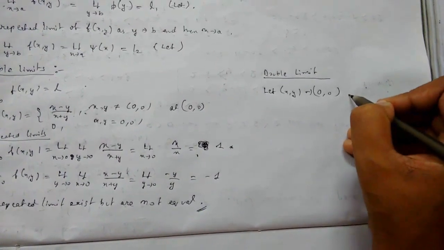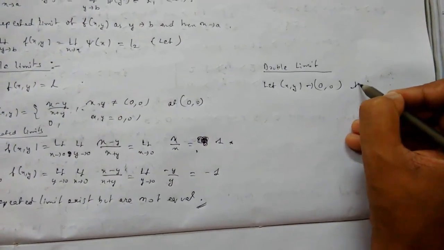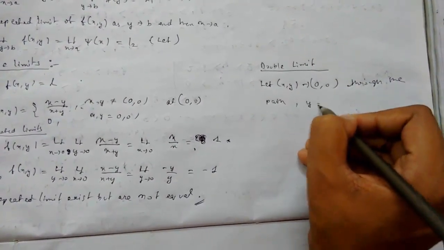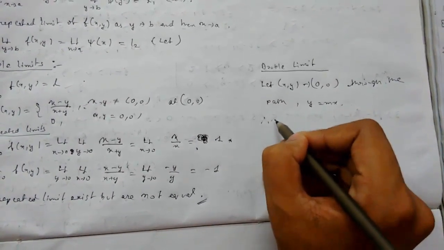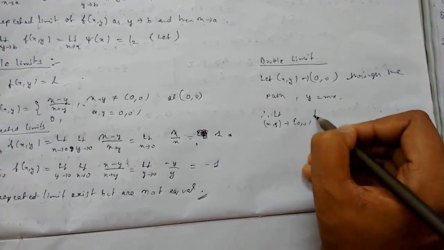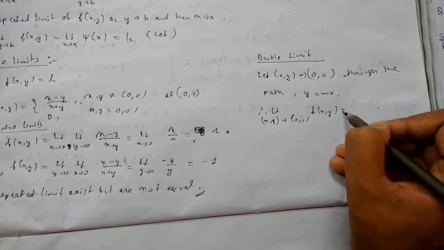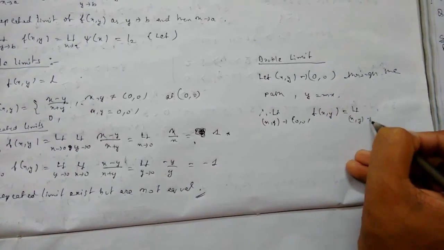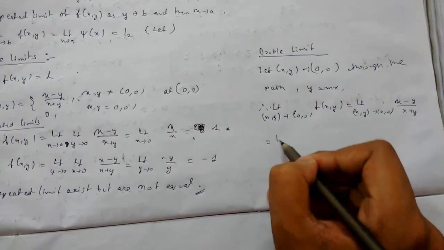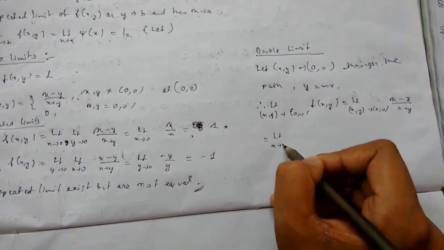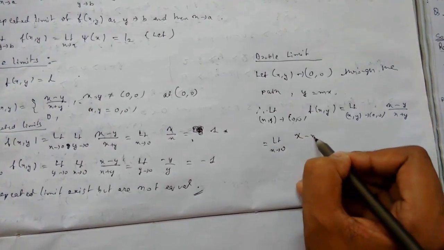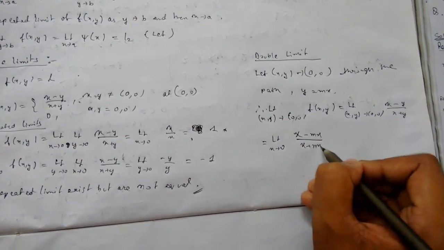So what I mean is, let (x,y) tending to (0,0) pass through the path y equals mx. Therefore the limit of f(x,y) as (x,y) tends to (0,0) of (x minus y) upon (x plus y), now putting the value of y in terms of x, will be x minus mx upon x plus mx.